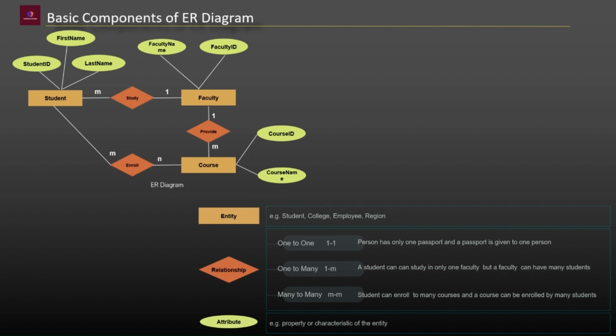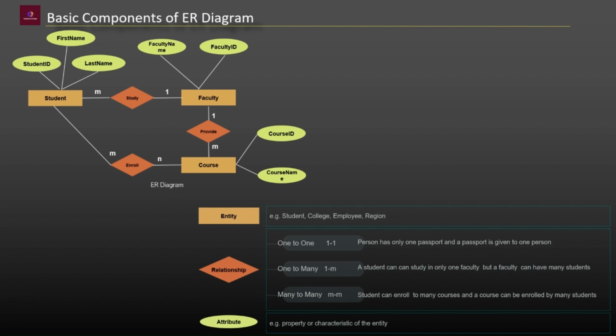We can think of relationships as verbs. For example, a student enrolled in a course, and the relationship describes the act of enrolling. So in our example, a student studies in a faculty, a faculty provides different courses, and a student enrolls in different kinds of courses. So these are all the relationships between these relevant entities.